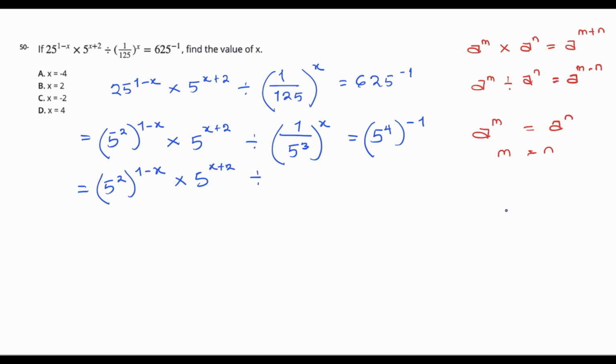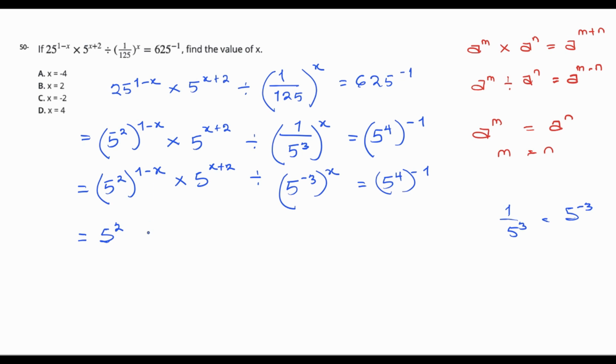now 1 over 5 raised to the power 3 is the same as saying 5 raised to the power minus 3. So this is 5 raised to the power minus 3 multiplied by x equals 5 raised to the power 4 multiplied by minus 1. So now we can expand our brackets here. So this is the same as saying 2 multiplied by 2. 2 multiplied by 1 is equal to 5 raised to the power 2.